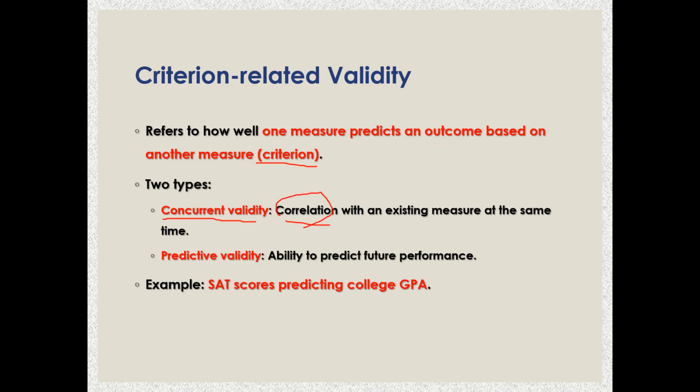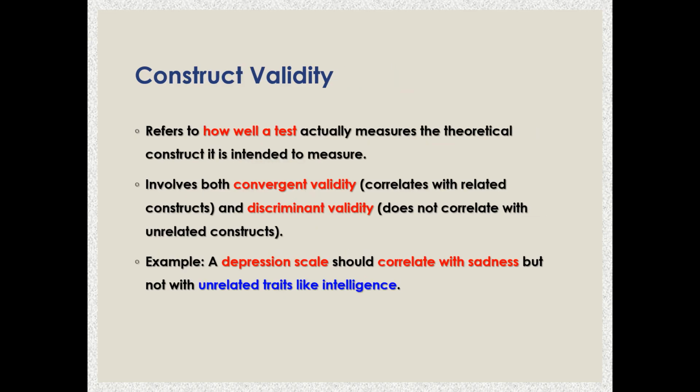In stats, it is correlation with an existing measure at the same time. And predictive validity means the ability to predict future performance. For example, the SAT score predicting the college GPA is called criterion related validity.